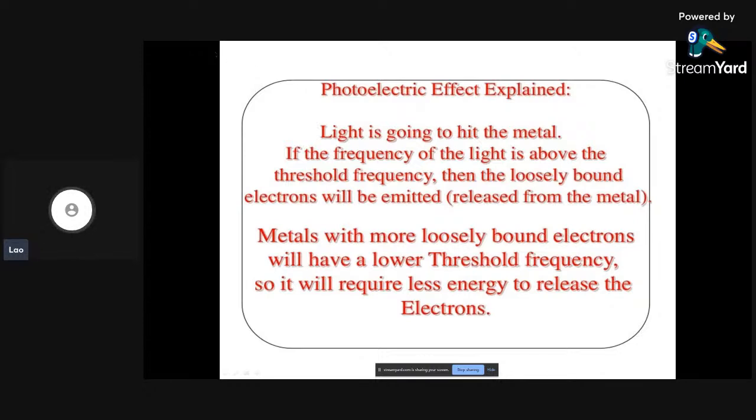So, para mas maliwanag natin, ano ba yung pinakasimple na pwede nating malaman kung paano ba natin na-explain or matatandaan si photoelectric effect. Okay, so light is going to hit the metal. If the frequency of the light is above the threshold frequency, then an electron will be emitted. So, nag-release from the metal. Parang siya, paano mo ma-relate?